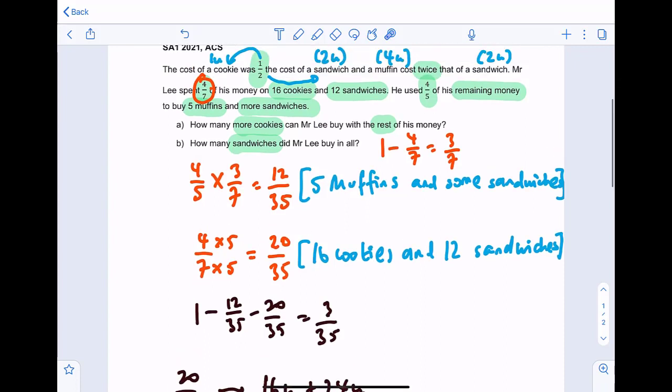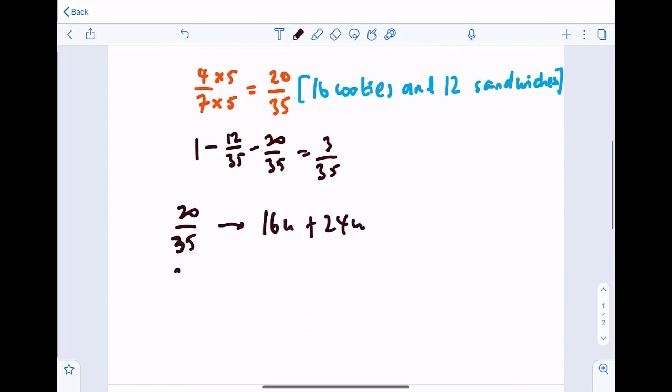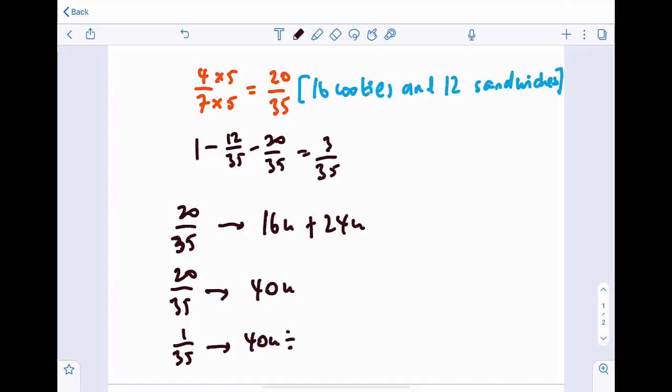Remember earlier on 16 cookies would be 16 units of money, 12 sandwiches, 12 times 2, 24 units of money. So 20 out of 35 can get this person 40 units of items. So what is 1/35? 40 units divided by 20, 2 units.